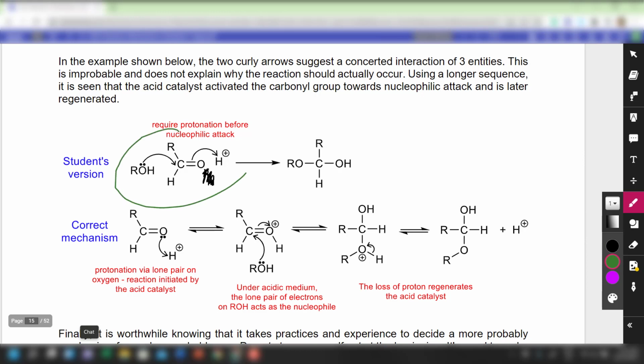So this is like a termolecular reaction. A termolecular reaction is unlikely, because you want 3 entities to come together. So most likely you will begin with a rapid equilibrium to protonate the carbonyl oxygen, and then the alcohol will perform a nucleophilic attack on the carbonyl carbon. It is more likely to be the case rather than everything coming together.